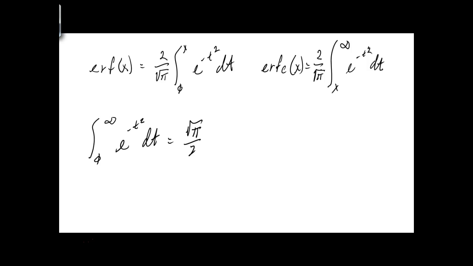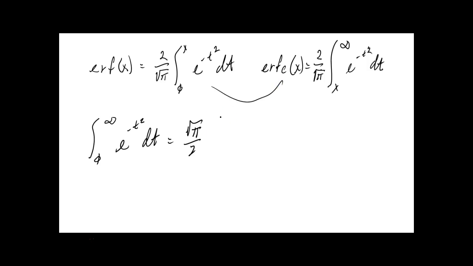Then by dividing by the square root of pi over 2, or otherwise multiplying by 2 over root pi, these two add to be 1.